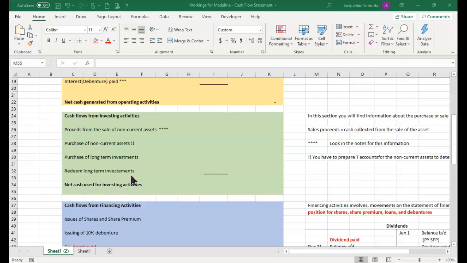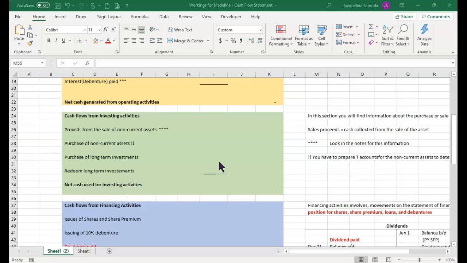So they're going to go back to the organization that they purchased the investment from, and they want it to be sold by the organization, and they get that cash and put it back into the business. So when a company redeems shares that it bought, for example, from another company, it will sell those shares back to somebody else, get that cash, and put the cash back in the business. And this redemption of long-term investments will be shown as a positive figure.